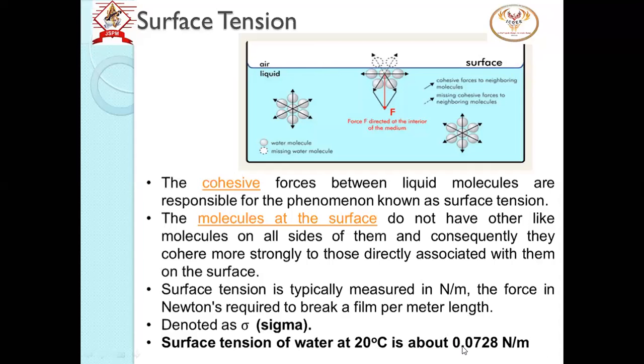So as the temperature increases, surface tension decreases, and vice versa. At a normal 20 degrees Celsius, this is around 0.0728 Newton per meter, force per unit length.